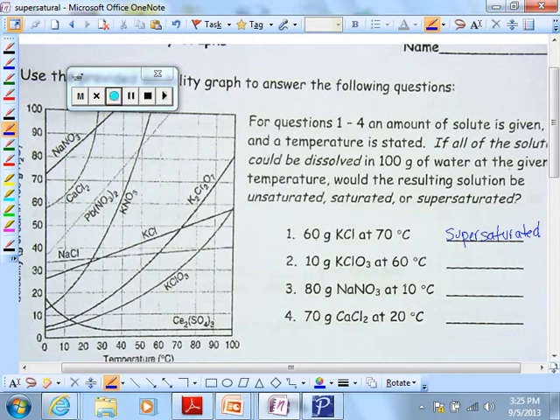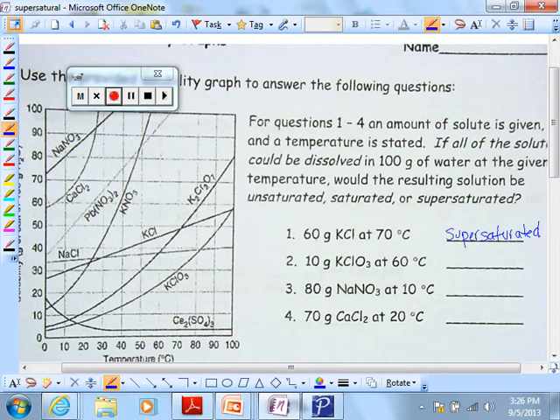Yes? What if it's below room temperature, like with the ice? Would it be below saturated? It depends completely on how much you put in there. So what example are you using? The tea stuff? Okay. So at room temperature, the tea would dissolve more sugar. Then when you drop the temperature, it's going to be super saturated.